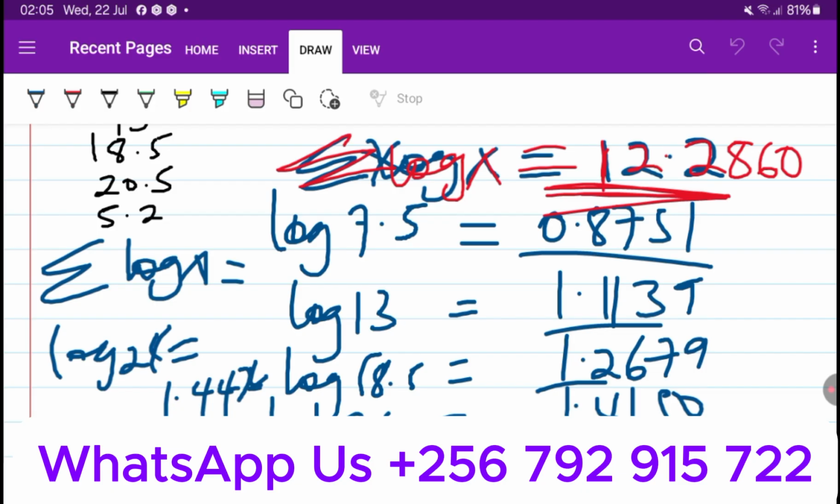Or you can first get the summation log x divided by n. Of course, if you divide this by 10, the decimal point will move. It will be 1.22860. Then you get the antilog of this.